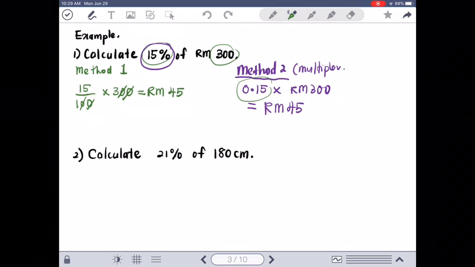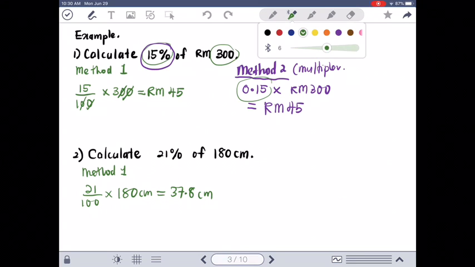Right, for the next question, number 2. Calculate 21% of 180 centimeter. Again, for method 1, it's just 21 over 100 times 180 centimeter. You should get 37.8 centimeter.